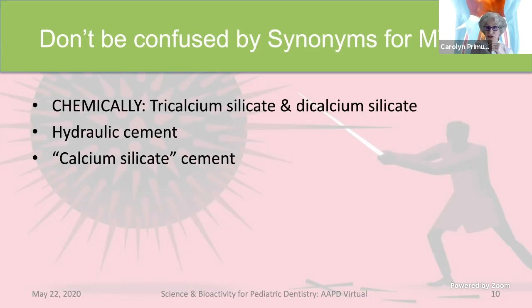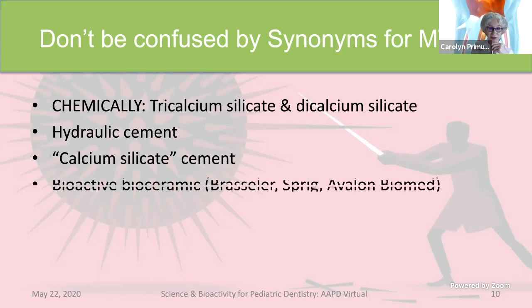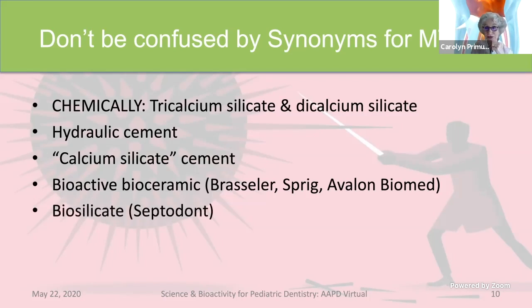These materials are generically called by material scientists calcium silicate cement. But dental companies have also called them bioactive bioceramics, including these companies, or another marketing term that's been used by Septodont for their Biodentine materials is Biosilicate.